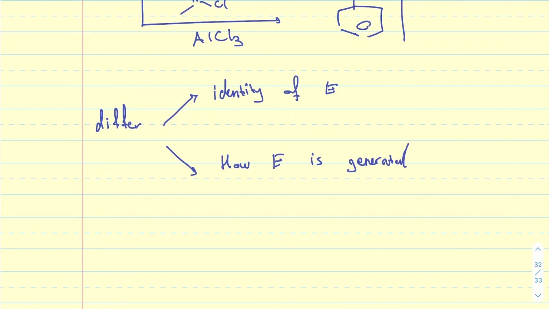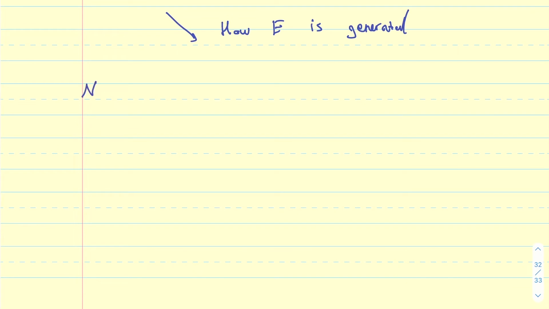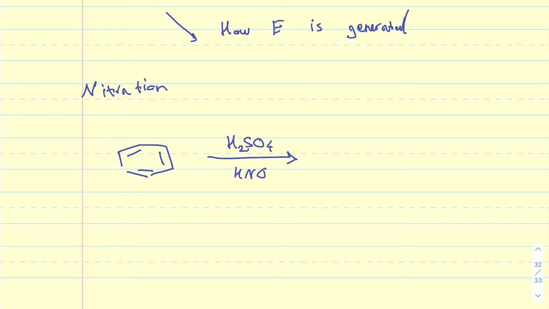Now, let's look at a typical electrophilic aromatic substitution in more depth. Let's look at nitration. When you're doing nitration, say on benzene, for simplicity, you take benzene and react it with a mixture of sulfuric acid and nitric acid, and one of the hydrogens gets replaced with an NO2 group.